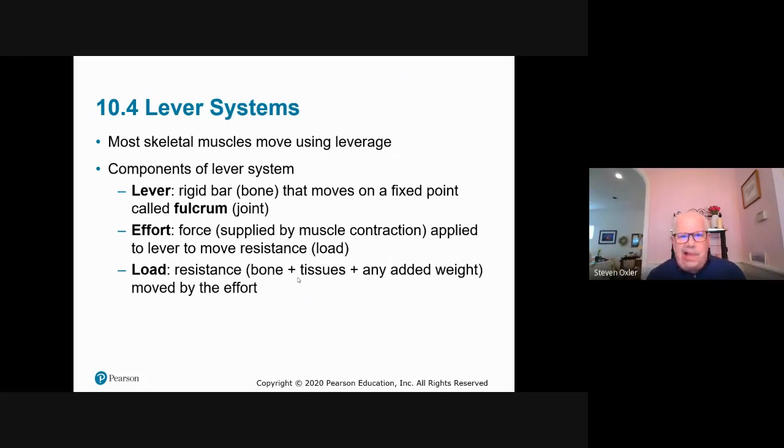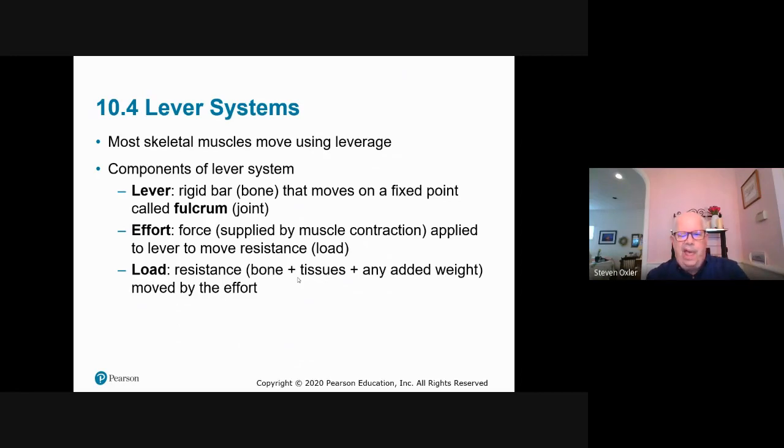But what I want you to know is that muscles act as levers. They move objects, your body, by leverage. So we must talk about the physiology of a lever. The lever system has three components. The lever, which is the rigid bar, in this case bone, moves on a fixed joint called the fulcrum, which is the joint itself.